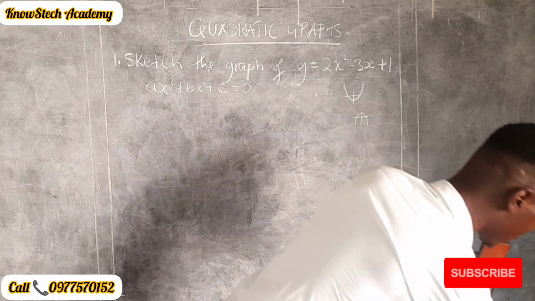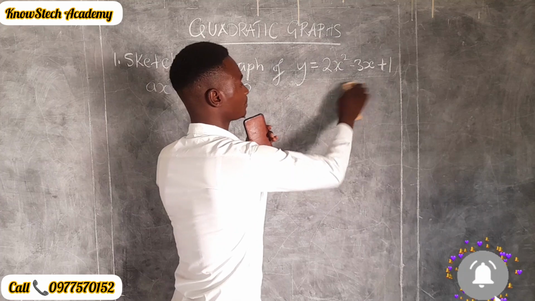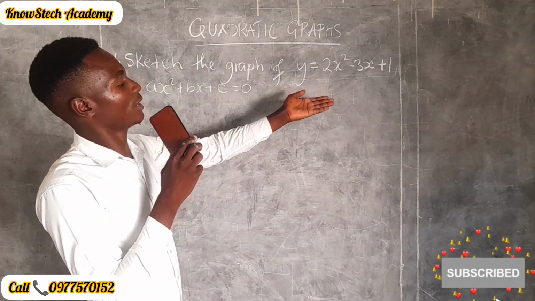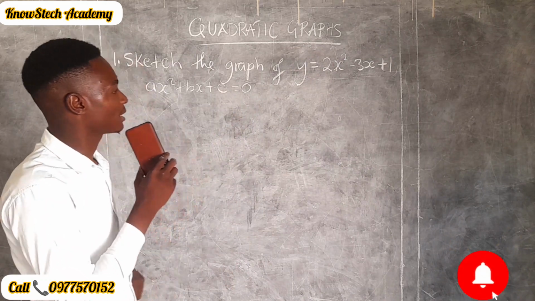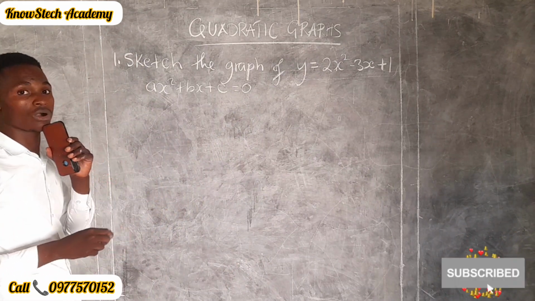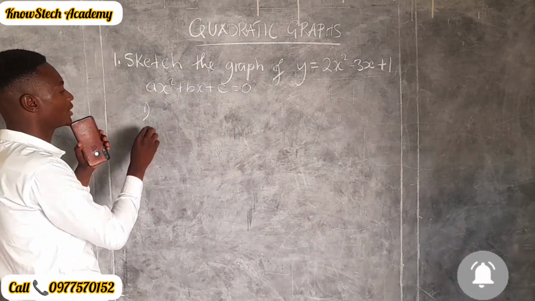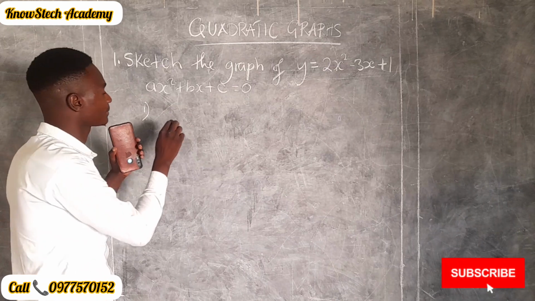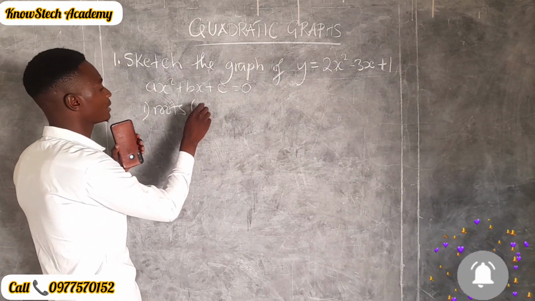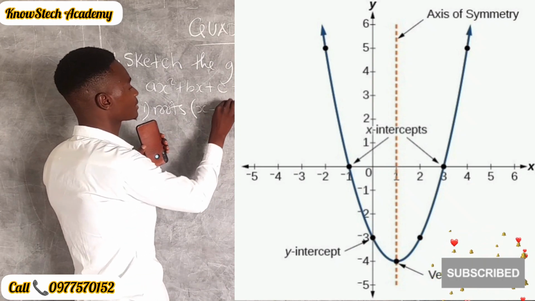So we know that our graph will open upwards, but even without knowing that, you can sketch your graph. Things that you need to know in order to sketch your graph: number one, you need roots. Roots are called intercepts. In this case, we have x-intercepts.